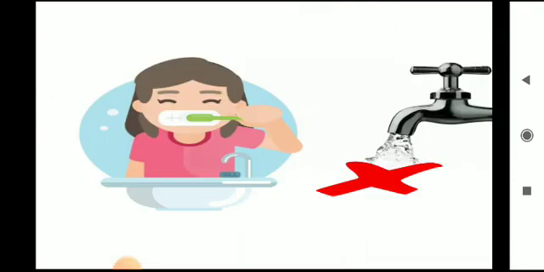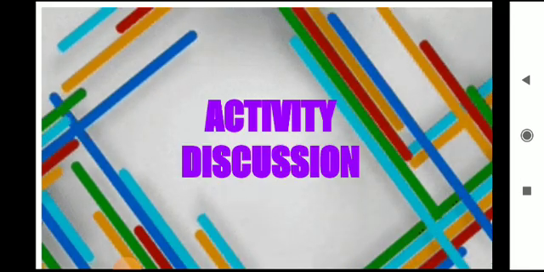And when we brush our teeth, we must close the tap so that we can reduce the wastage of water. So these are all examples by which we can reduce waste. Now moving towards activity discussion.